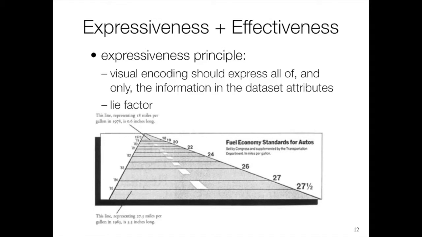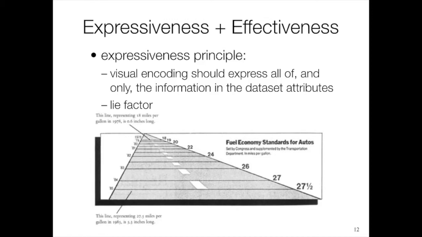This graphic wants to show the fuel economy standards and how they changed. So they are plotting it on a road because that's visually appealing to the car drivers. And the line in the back represents the fuel economy standard in 1978, which is 18 miles per gallon and is 0.6 inches long.